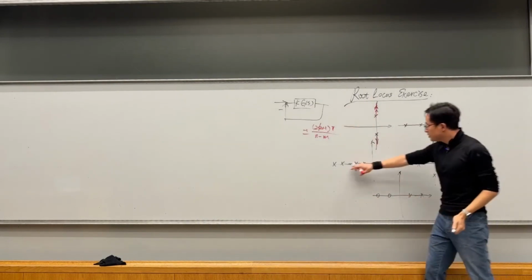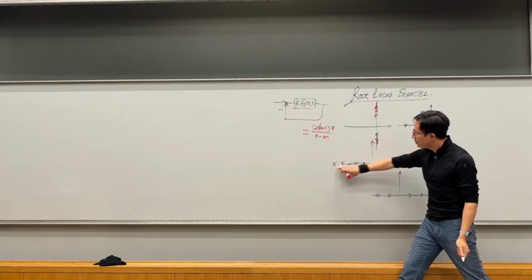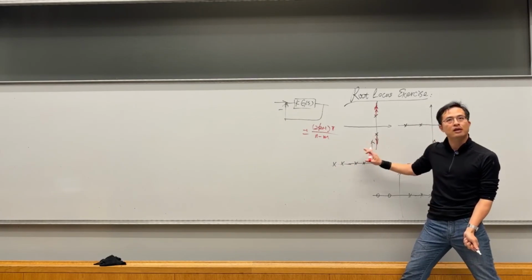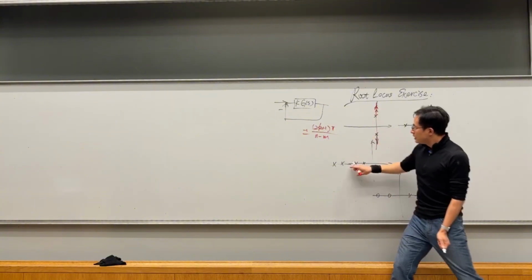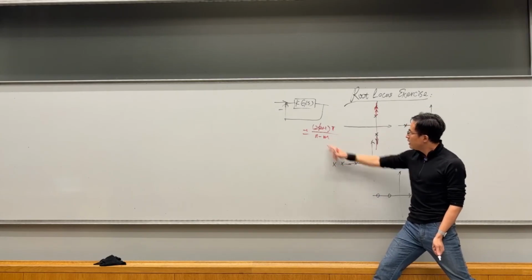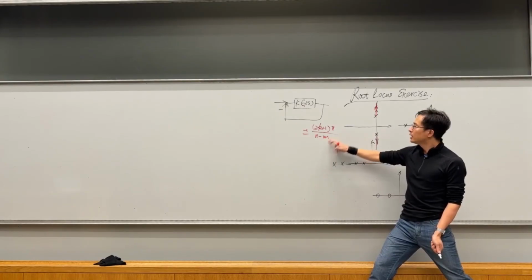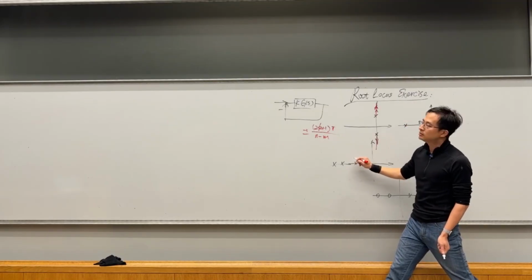And then there are a few that are in the same spirit. For this one, I have 4 open loop poles, no finite zeros. All the zeros are at infinity, so we need to draw these branches to go to infinity again. Now here, we can do the asymptotes again. n is 4 minus 0, so it's 180 degrees divided by 4, which is 45 degrees.